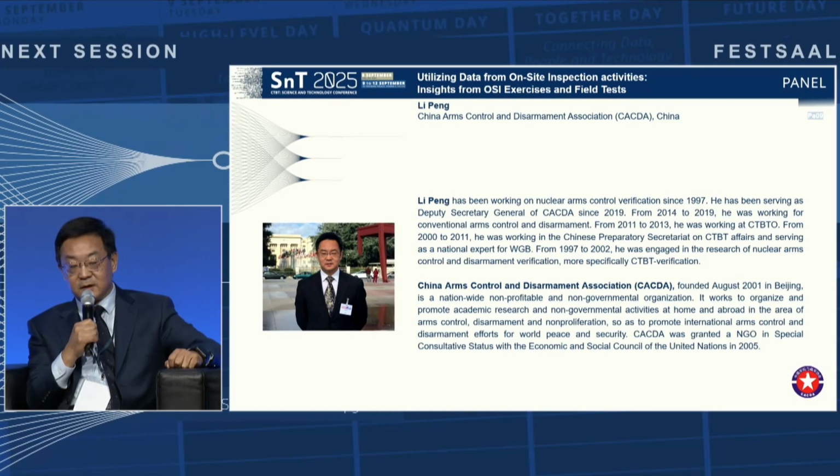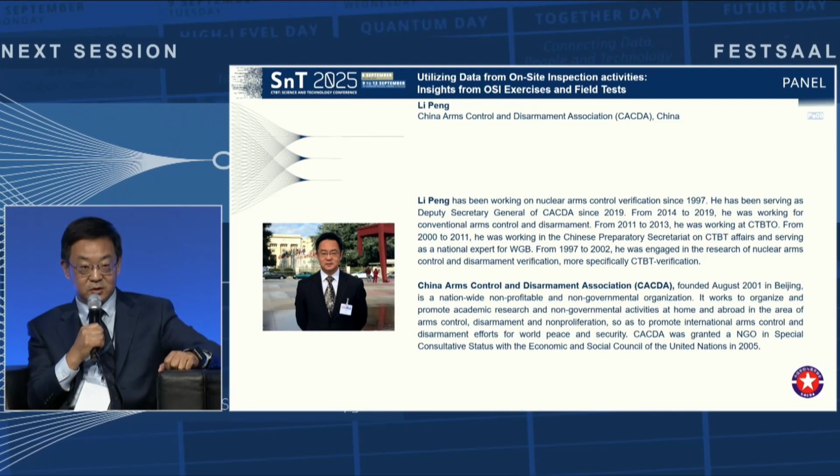And in my 20s, I was in Vienna and participated in the working group B meeting as a national expert. So my connection with CTBTO started from that time. And I was working in the PTS in OSI division as an operations officer for a couple of years. So it was my great pleasure to work closely with OSI colleagues.